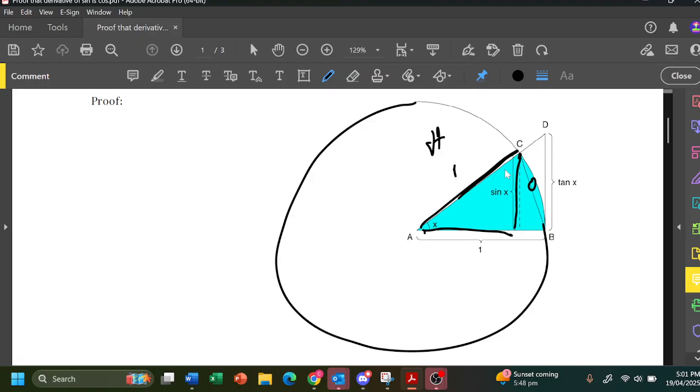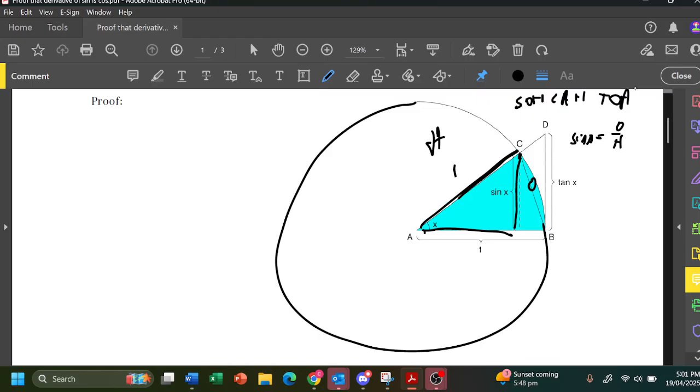Now, why is the opposite side equal to sine x? Well, if we remember our acronym, which is SOHCAHTOA, we have here that sine is equal to opposite over hypotenuse, so sine of, in this case, x. So sine of x is equal to opposite over hypotenuse.